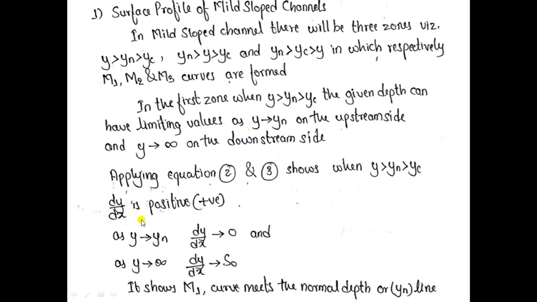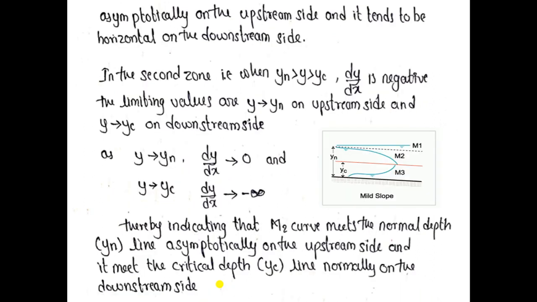Therefore, dy by dx for this condition is positive. So, it shows that the M1 curve meets the normal depth line asymptotically on the upstream side, and it tends to be horizontal on the downstream side.